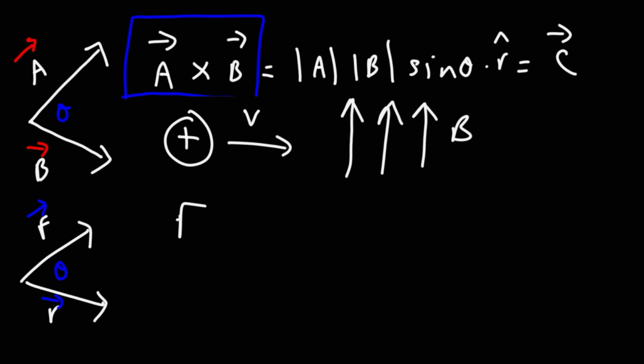And the formula to calculate that magnetic force, it's the cross product of the velocity vector and the magnetic field times the charge.